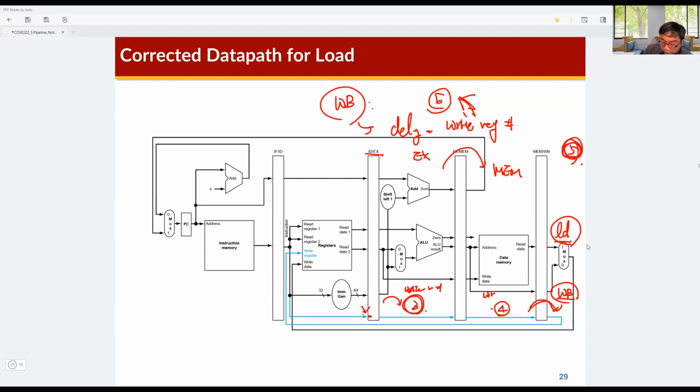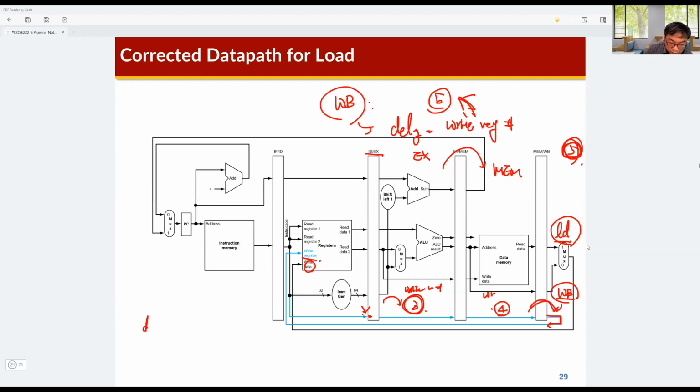When this data is written back to the write data port of the register file, this write register number is also given to the write register port of the register file, and the timing is exactly matched to the data.